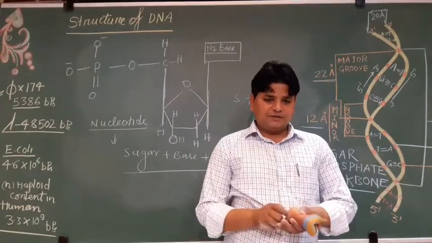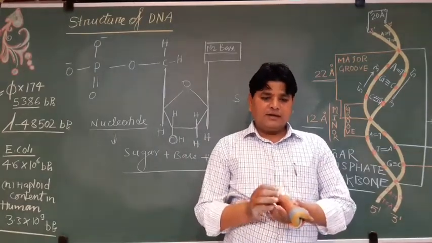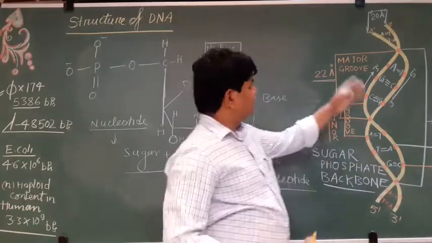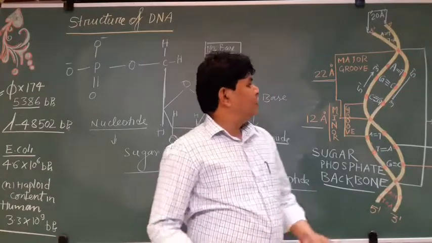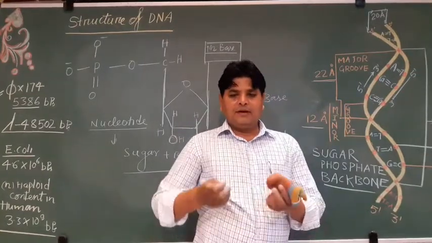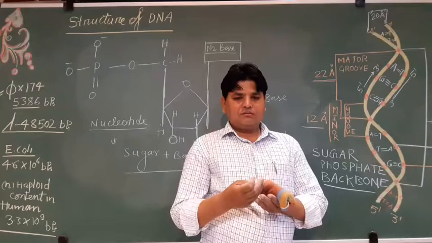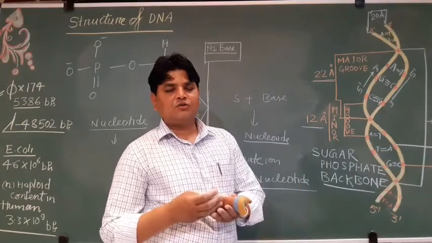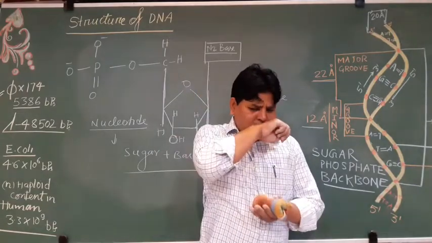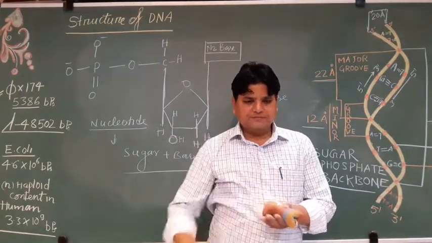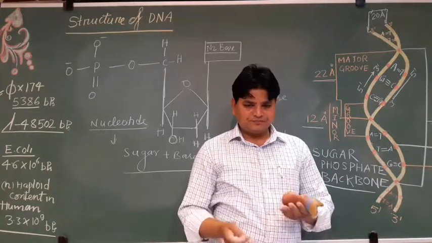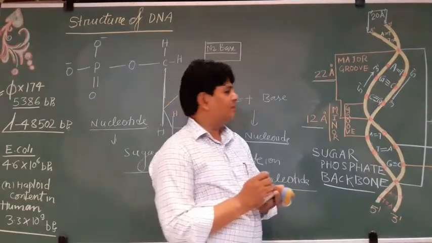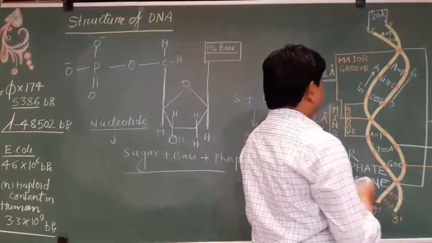So the next one is the fifth feature: the plane of one base pair stacks over the other. Just look, the stacking, in addition to hydrogen bonds, confers stability to this helical structure.